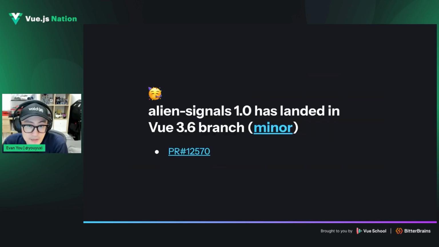So we're happy to announce that Alien Signals 1.0 has been ported and landed in the Vue 3.6 branch, which is the minor branch on GitHub, in PR 12570. If you're interested, do check it out, and also check out Alien Signals, the base library.